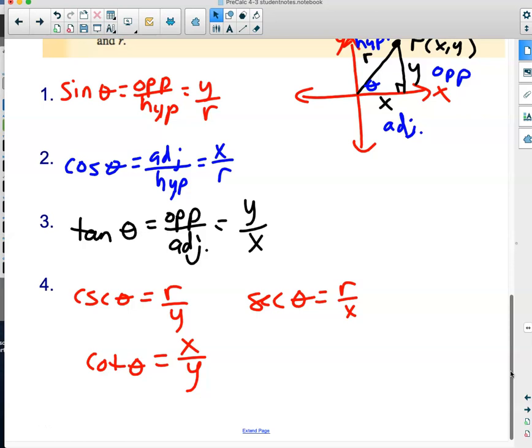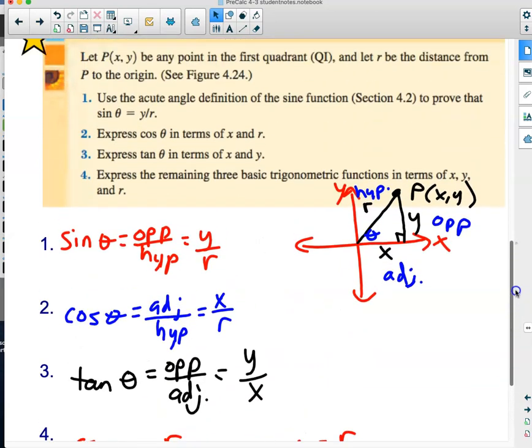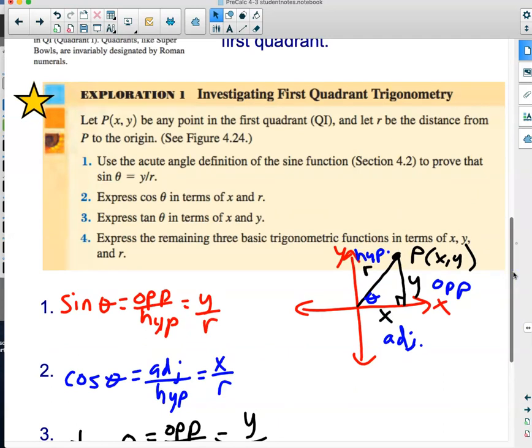So when we talk about 90 degrees, 180 degrees, 270 degrees, 360 degrees, these are really, really important. If you ever forget them, all you have to do is think about what we did to start this. You could just quick draw a triangle in the first quadrant and use your definitions from SOHCAHTOA to get those.